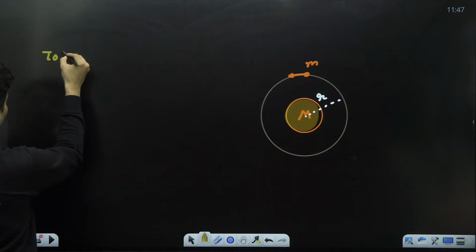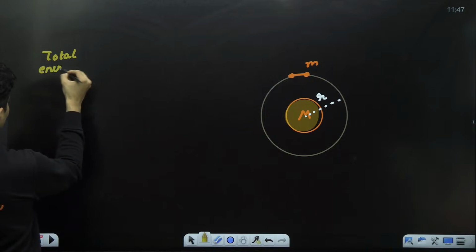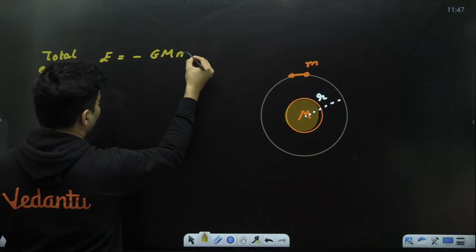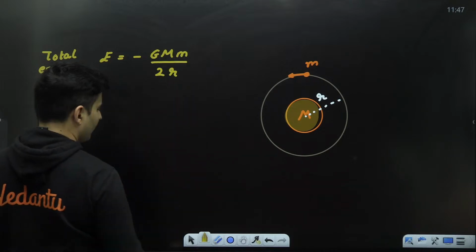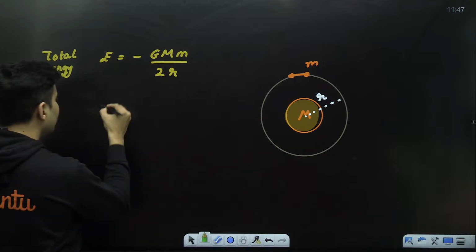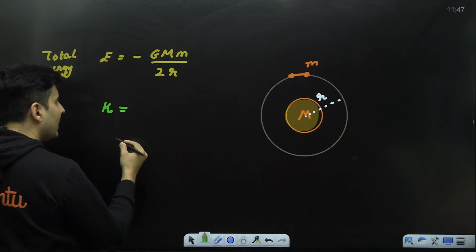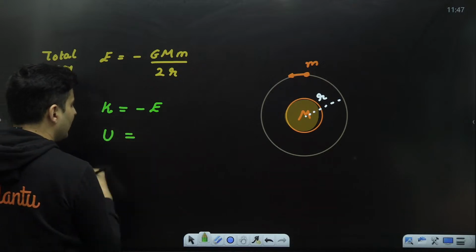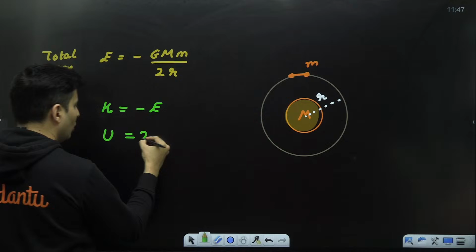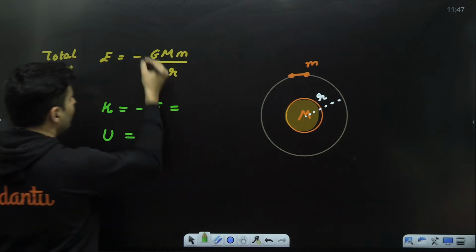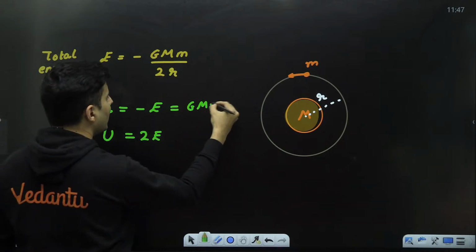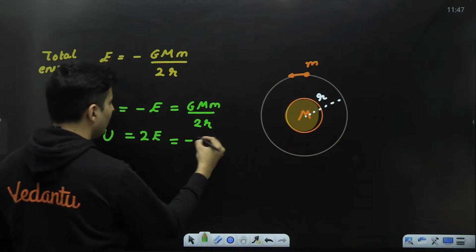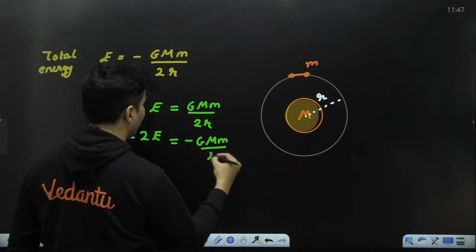The total energy of that satellite will be minus GMm by 2 times r. But if you just talk about the kinetic energy, that kinetic energy will be just the negative of the total energy, and the potential energy of the satellite will be nothing but 2 times the total energy. So negative of this means just GMm by 2r, and 2 times this means that the 2 will go off, so minus GMm divided by r.